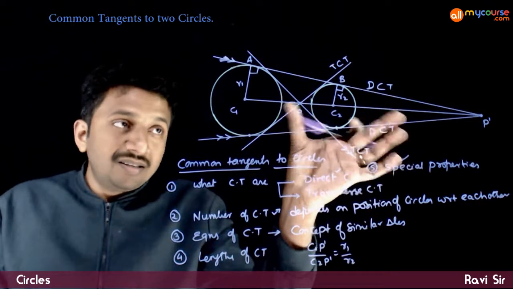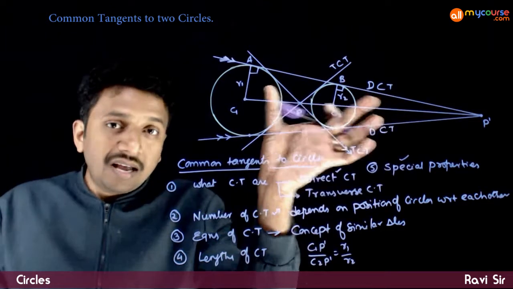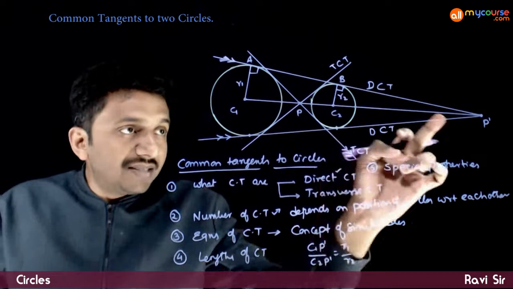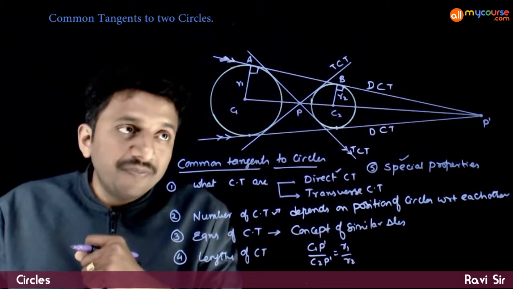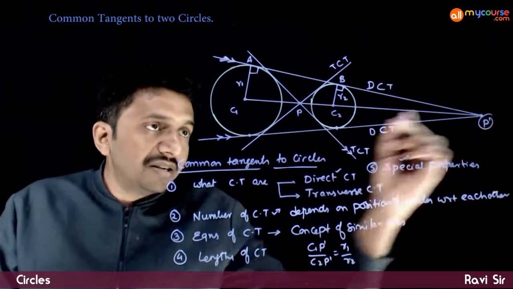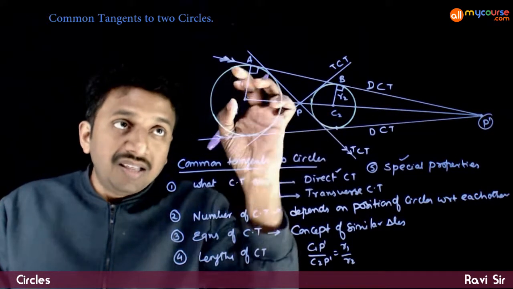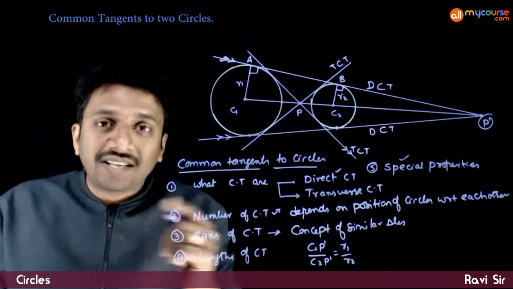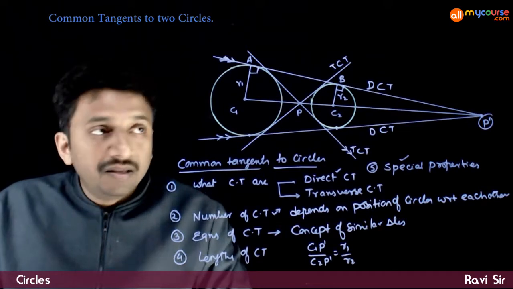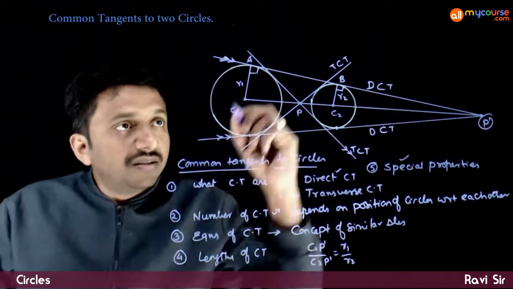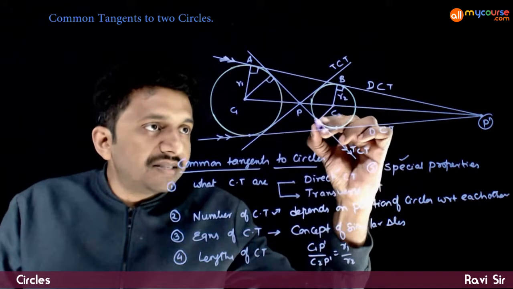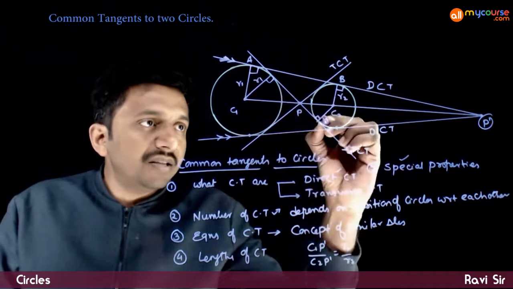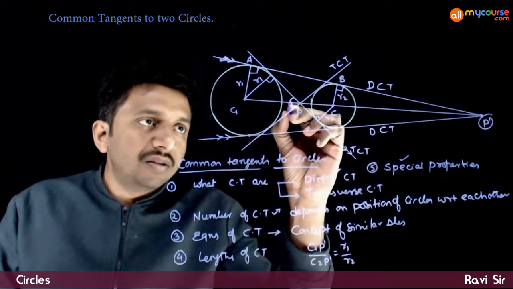The small triangle and the big triangle are similar, and the ratio of the sides is equal to the ratio of the other two sides. It means P' divides C1C2 in the ratio R1 is to R2 externally. Similarly, if you take this point P, and draw this radius and this radius, this is R1, this is R2.